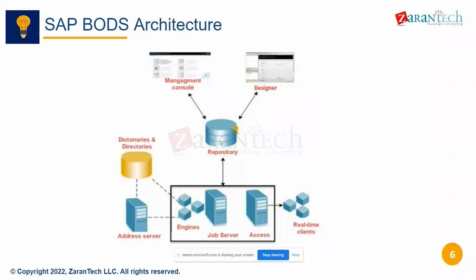This repository information goes to the job server, and the job server will call the engines. These engines will start processing of the job. So from designer to repository, and from repository via the job server, it will call the engine.